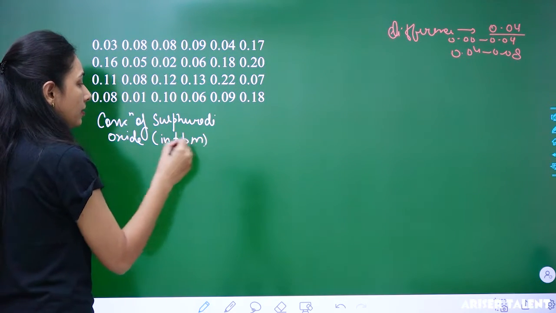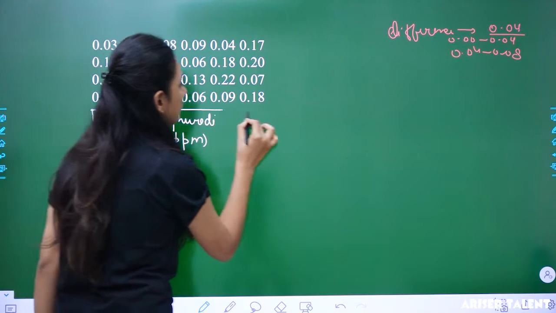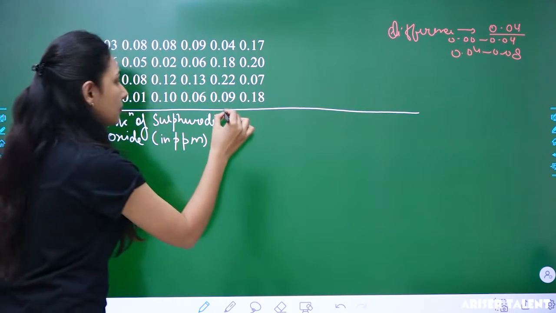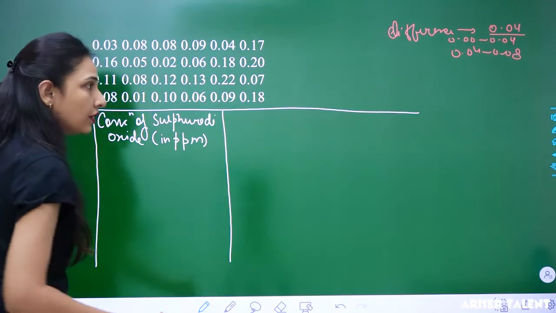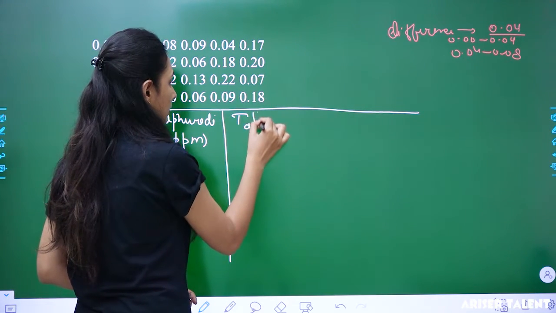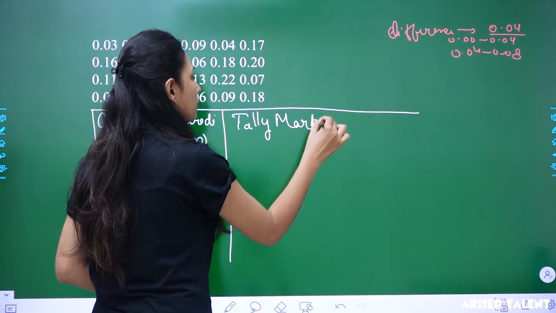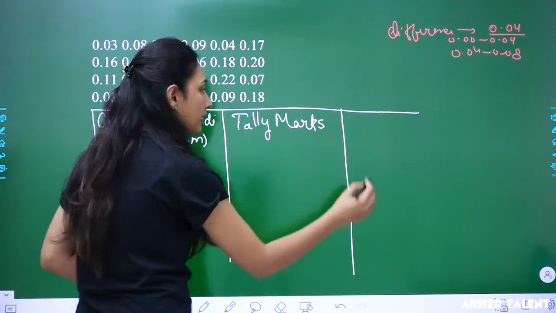This is the first thing. Then we can do it with tally marks, and that is going to tell us the frequency, basically.